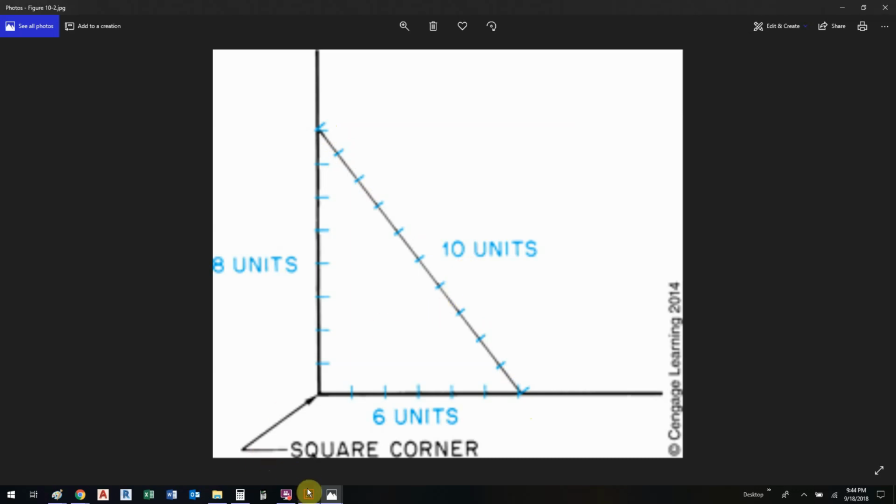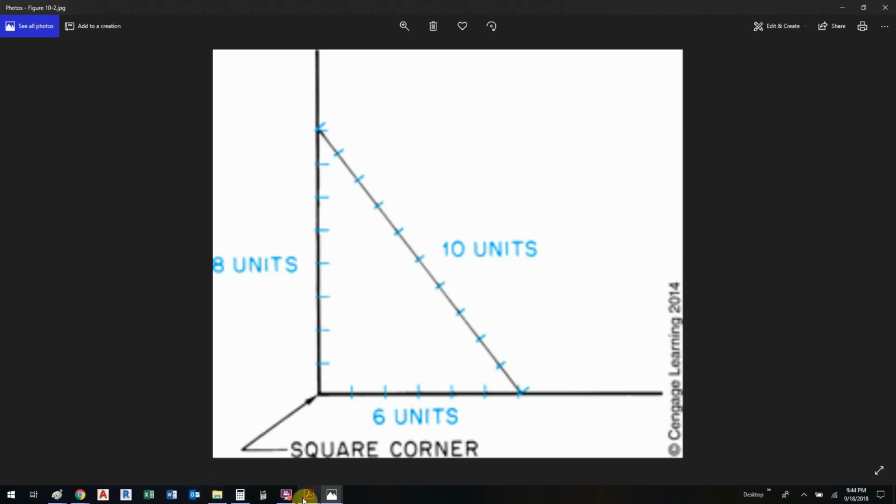We say it is 3-4-5, but in this case, we took 3 and multiplied it by 2, 4 multiplied it by 2, and 5 multiplied by 2. So that's how we end up with that. If we take that triangle of 3-4-5, then we can manipulate it to any size that we need in order to do our project.